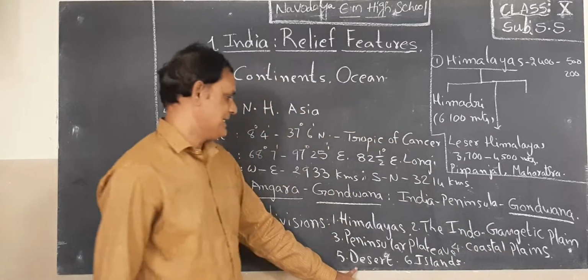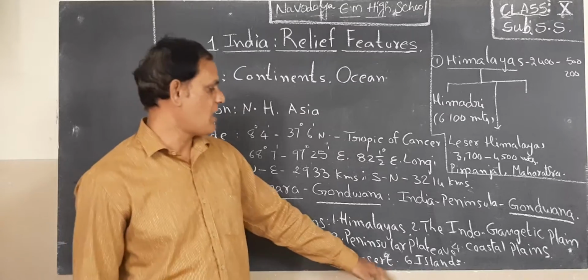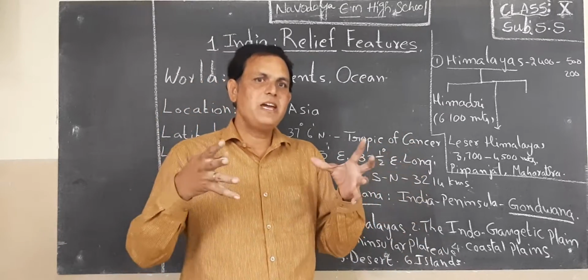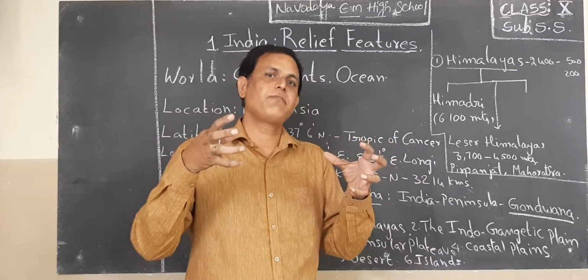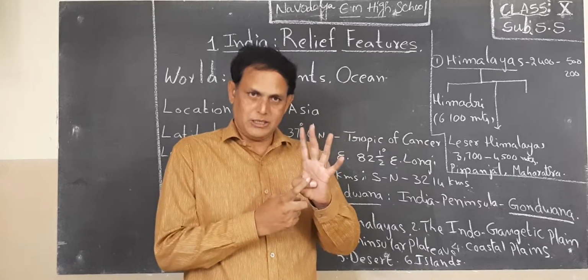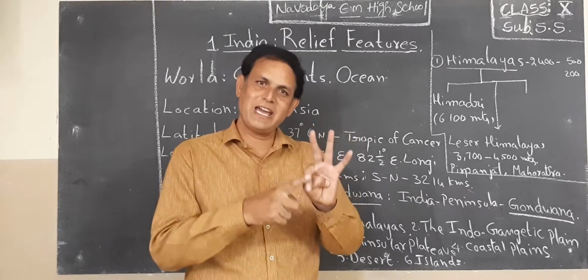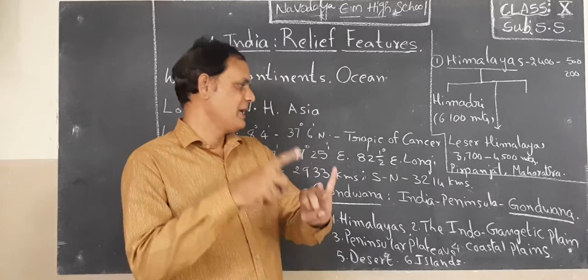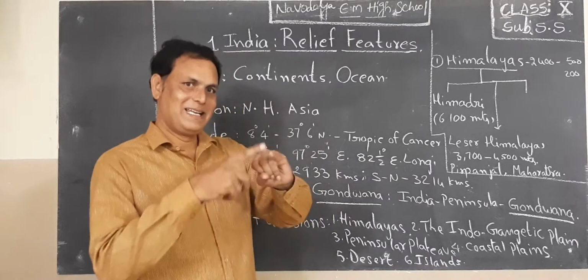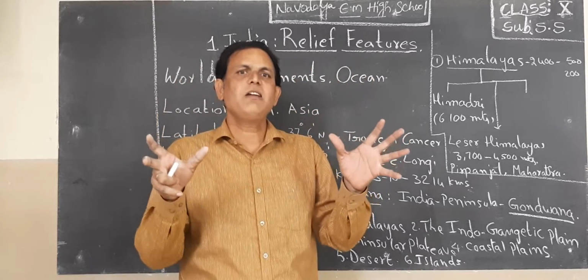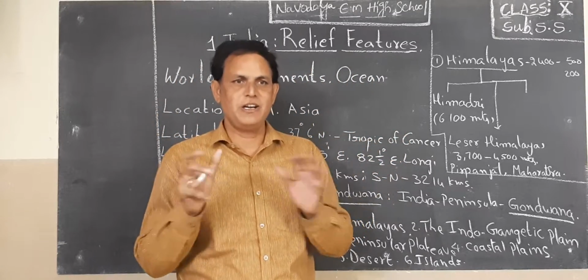Next one, desert. The last one is islands. So these are the main relief features of our country. I repeat to you: Himalayas, Indo-Gangetic Plains, Peninsular Plateau, Coastal Plains, desert and islands. So these are the relief features of our country, children.